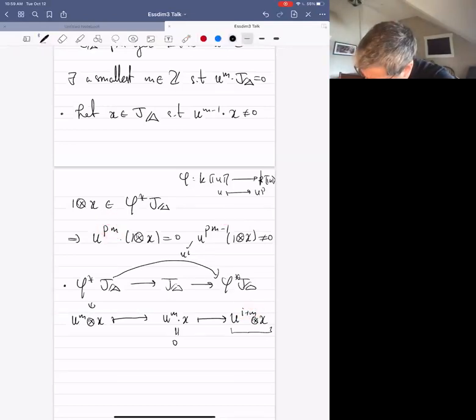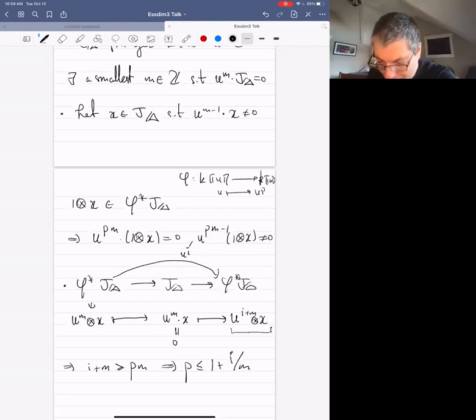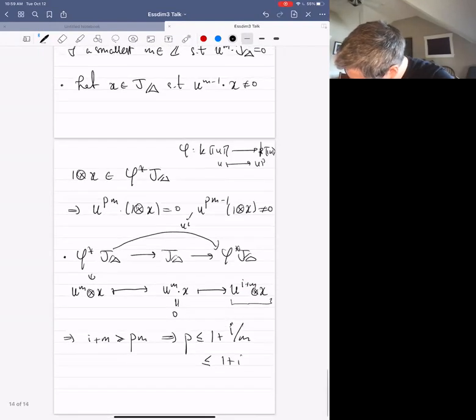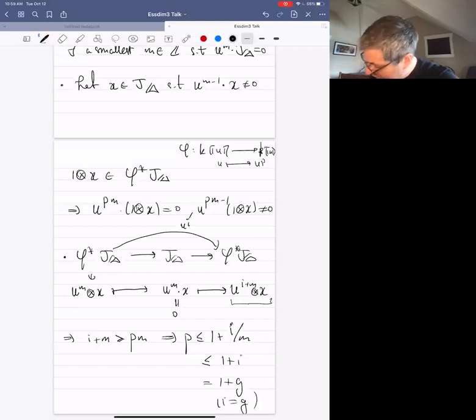So that tells me that I plus m is greater or equal to p times m, which gives me that p is less than or equal to 1 plus I, which I guess is less than or equal to 1 plus I. And in the application, we'll take I equal to g. But we assumed p is at least g plus 2.